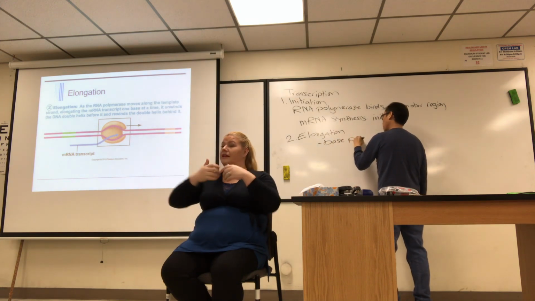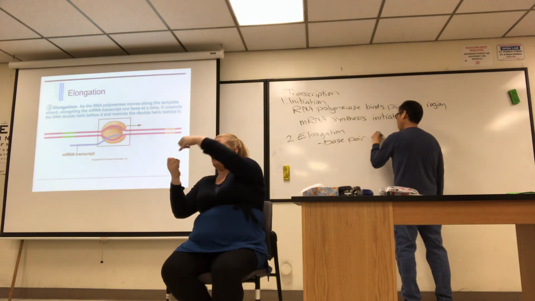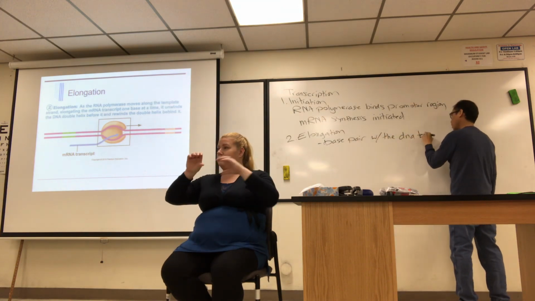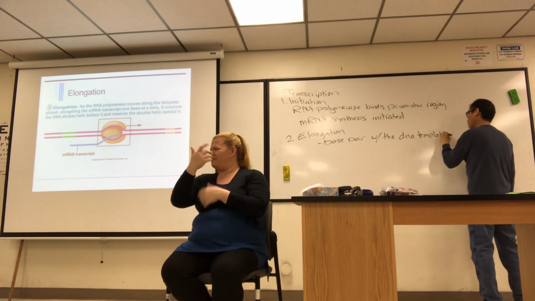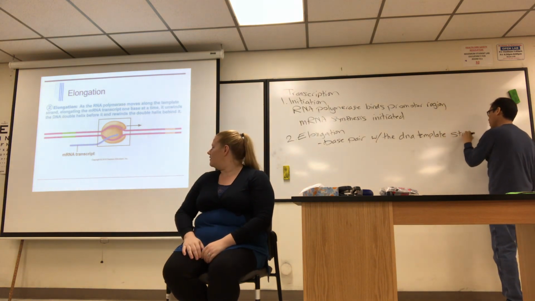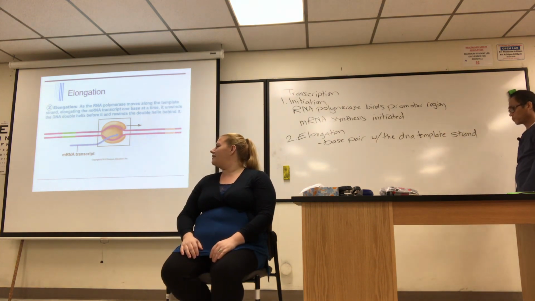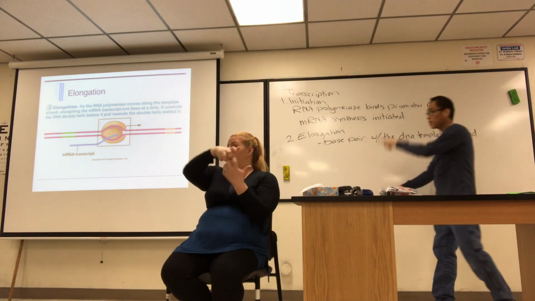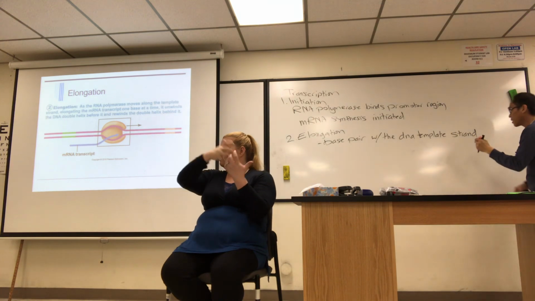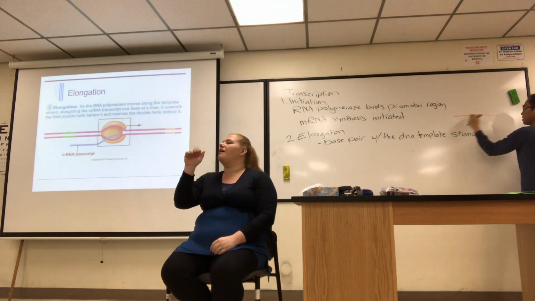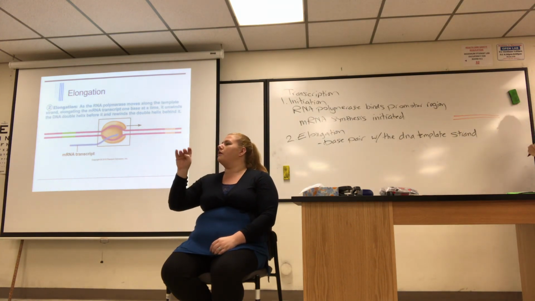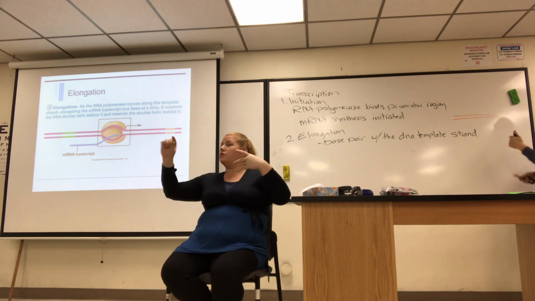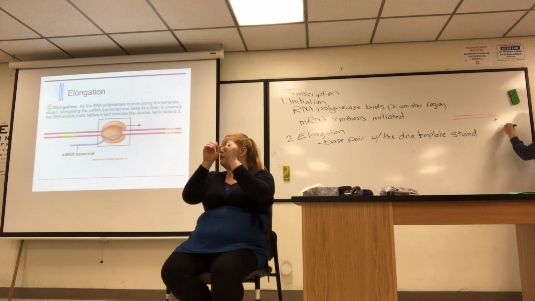Base pair with the DNA template strand. So DNA is a double polymer, right? So if you have two strands of DNA, you base pair with one of them. You call one the template strand.